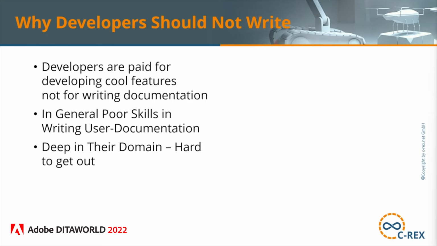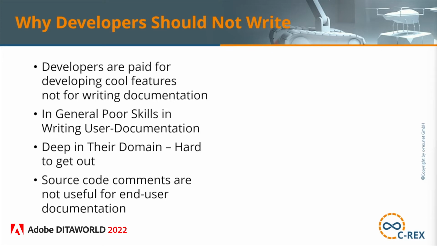I think that's the most important point here, as it's very hard to get to another perspective. And what is cool for developers is not even cool for others, right? Source code comments are not useful for end users as we are too deep in the developers' domain.